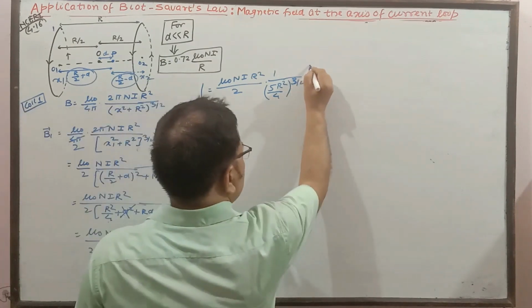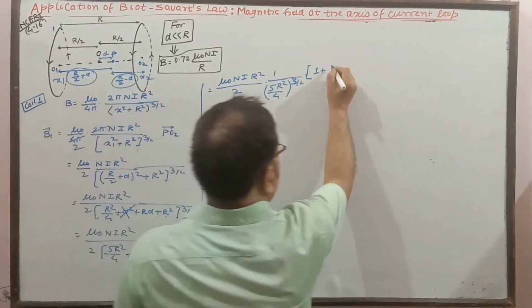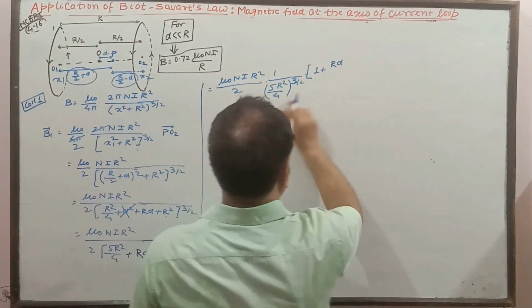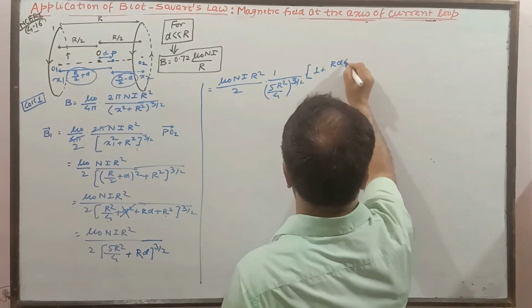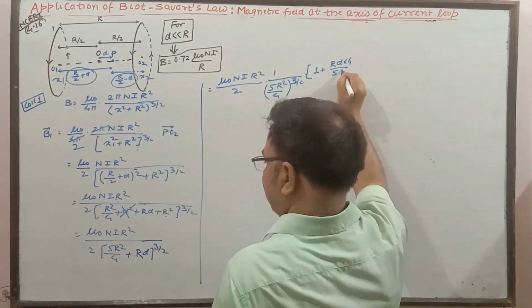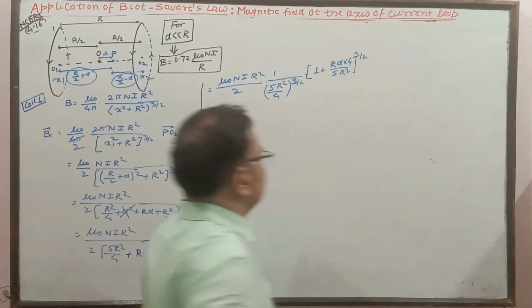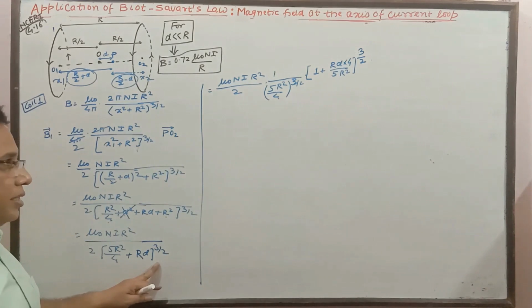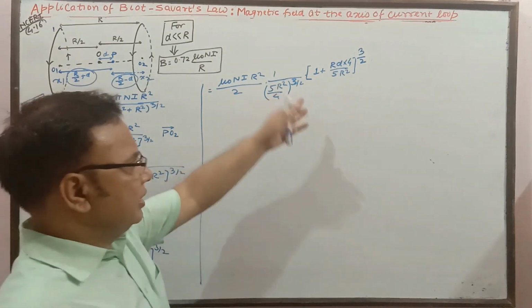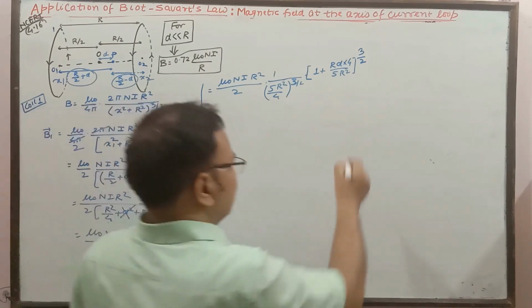So the first term will be 1 plus rd, and we are taking 5r square by 4 common, so its reciprocal is going to be multiplied: 4 by 5 r square. Actually it was in the denominator and we would like to take the same step to the numerator, so that power changes to minus. So this is what we can do here.